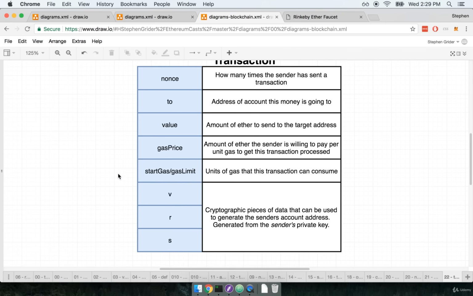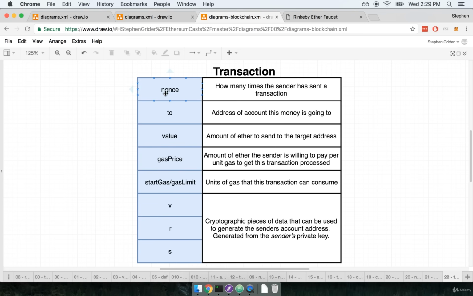Now, one of the more interesting pieces of the puzzle here are these last three properties. They are abbreviated as V, R, and S. When we look at this transaction, I see nonce to value. I don't really see anything that seems to specify where this money is coming from.